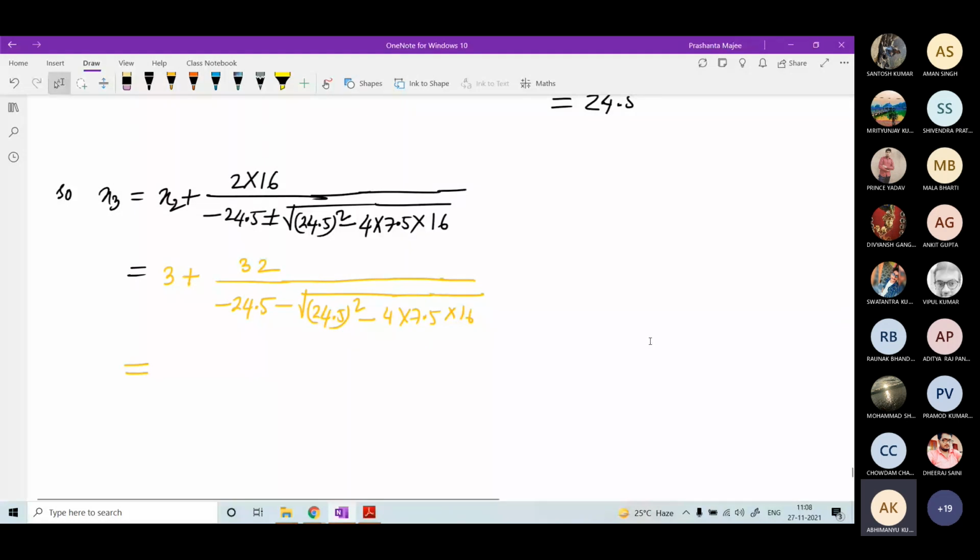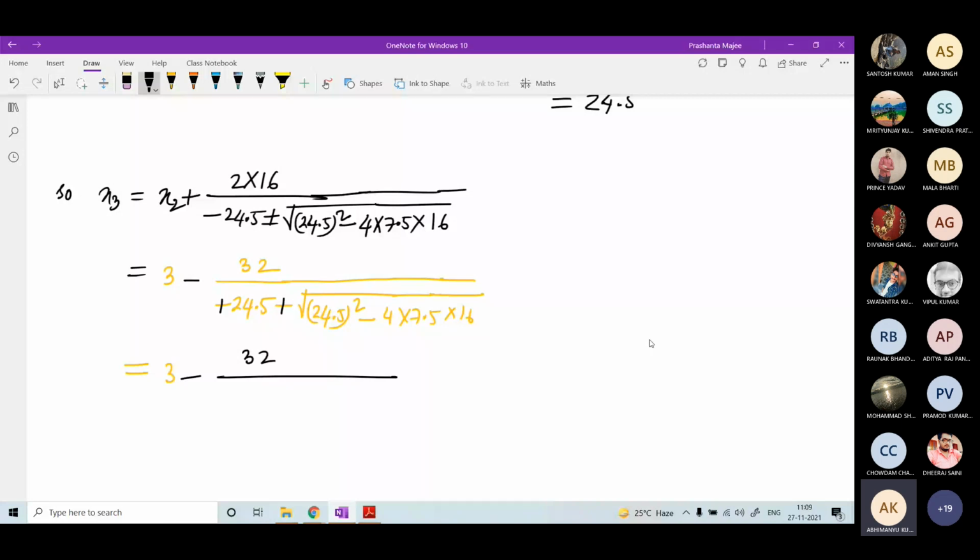So it will be, tell me. You make minus sign here and make them plus. So 3 minus 32 by what is the denominator term? 24.5.